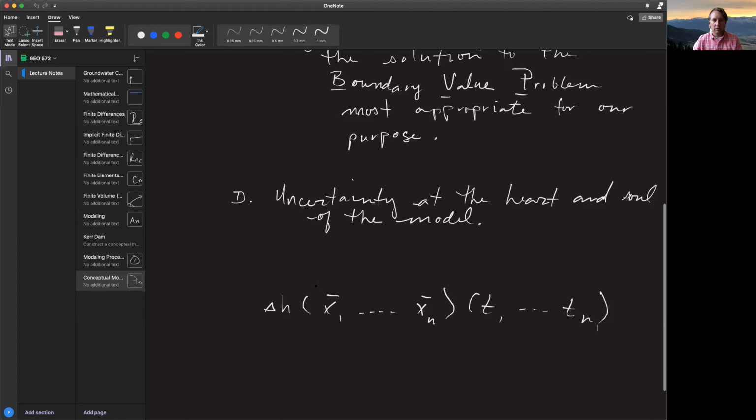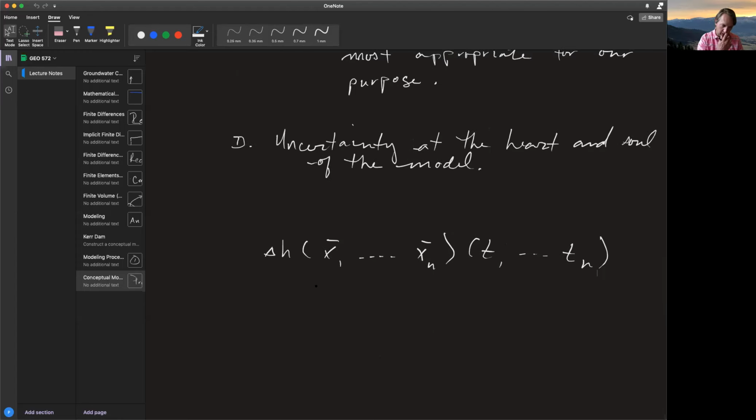All right, so let's talk about conceptualization and the conceptual model. There's a lot of definitions for conceptual model building, and you'll get some of those in your reading, but I'm going to give you mine, and it is this.